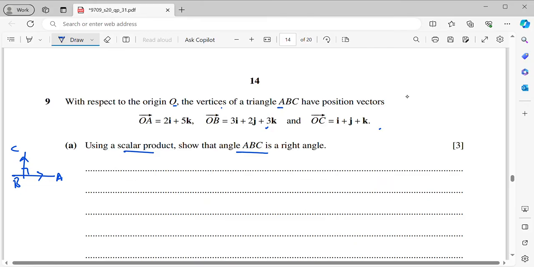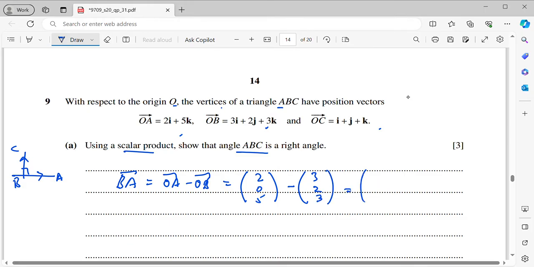So I have to refer to vectors BC and BA. BA will be OA minus OB. My OA is 2i 0j 5k minus OB, which is 3 2 3. Then you will get 2 minus 3 is minus 1, then minus 2 and 2.